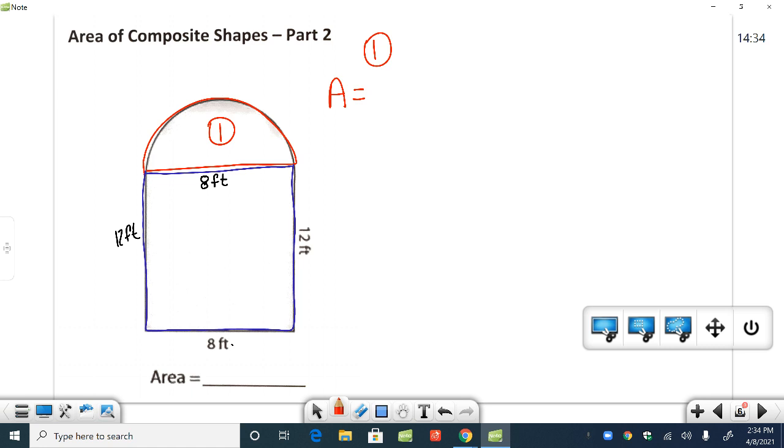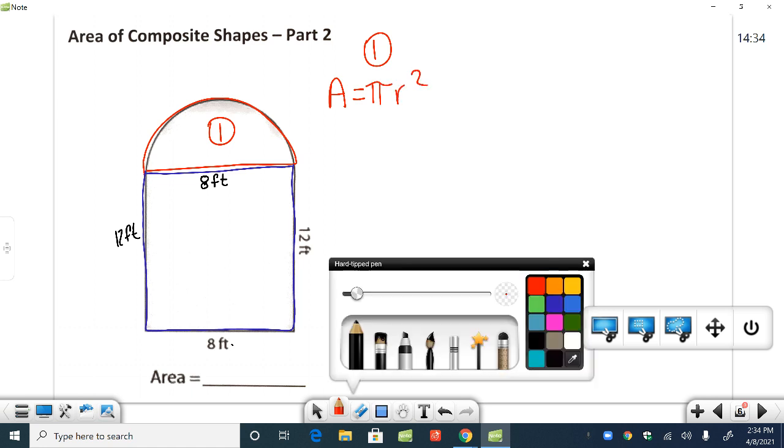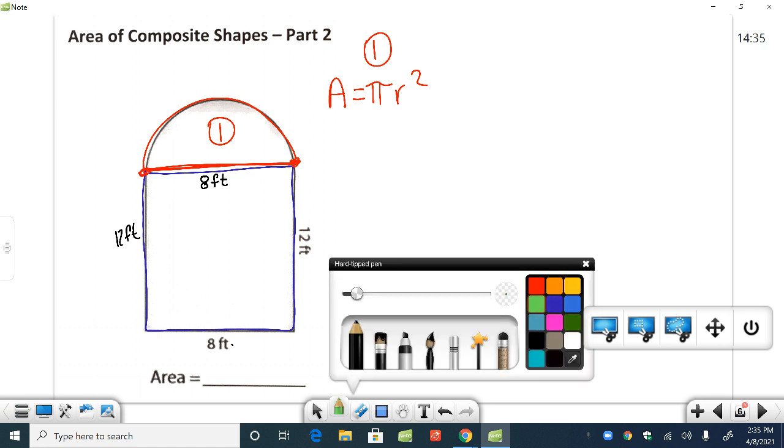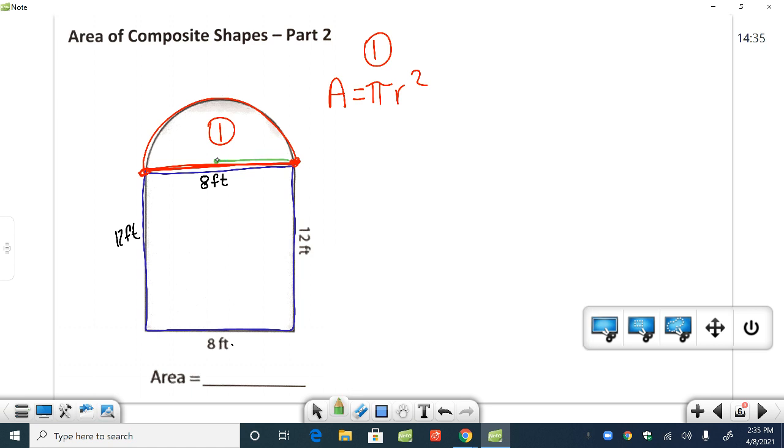So the area for a circle is pi r squared. Well, I only gave you half of the circle. This entire part of this circle right here from one point to the other point is the diameter. So that means that half of it is the radius.